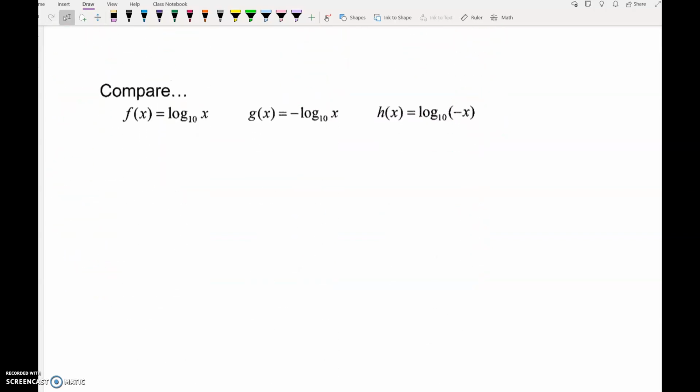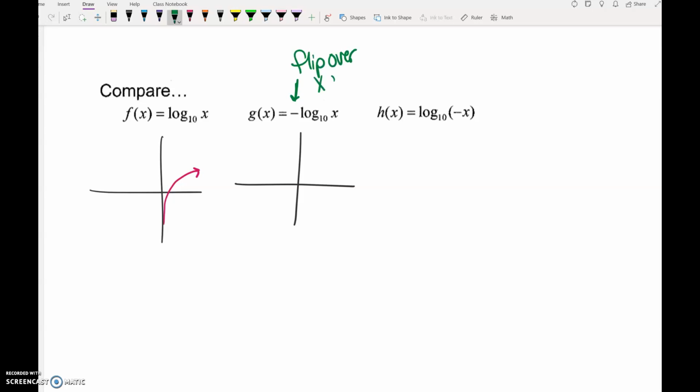Next up, we are going to look at what negatives do. And honestly, this is exactly the same as what negatives did when we had exponential graphs. So again, this graph looks like this. When we put a negative in front of the function, this negative in front is going to flip the graph over the x-axis, just like it did when we had exponential graphs.